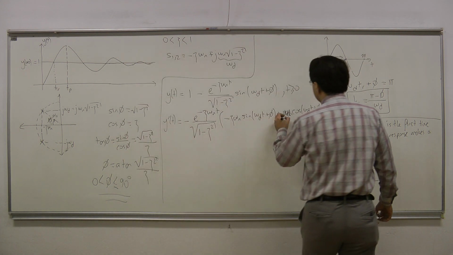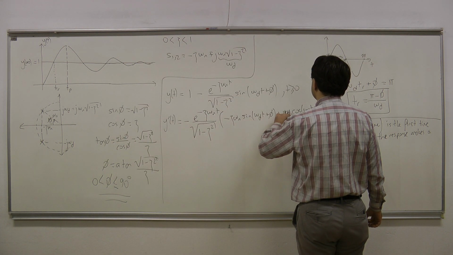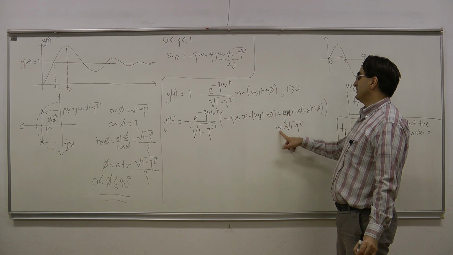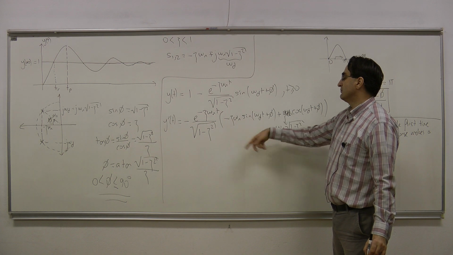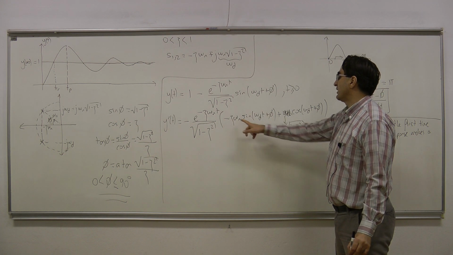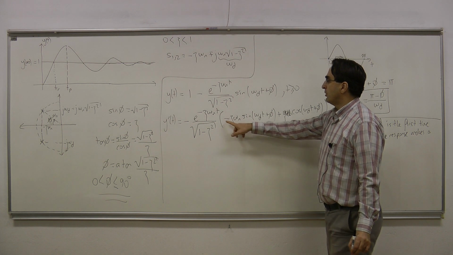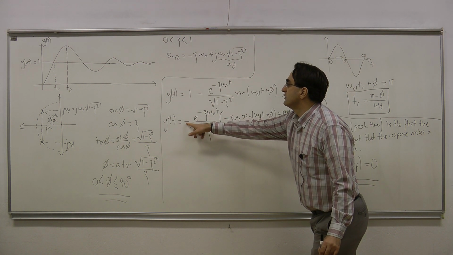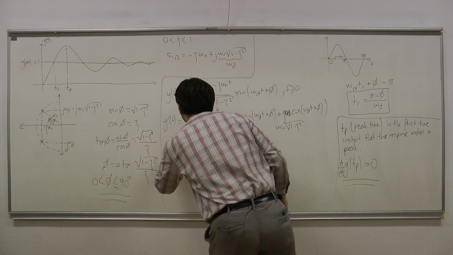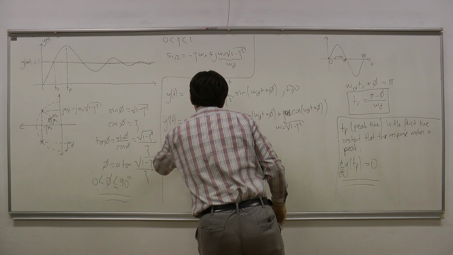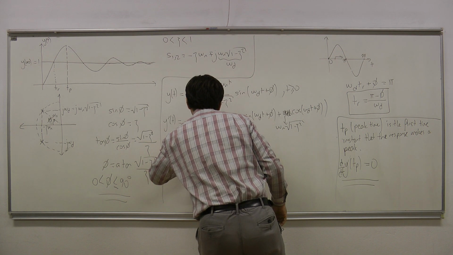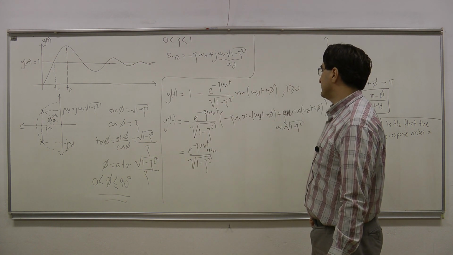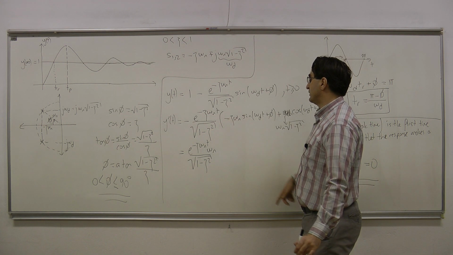So what was omega d? Omega d is omega n times square root 1 minus psi square. So there is an omega n here, and there is an omega n here. I'm going to be taking these omega n's out, and I will also take a minus 1 parenthesis here to cancel this minus sign. Okay, so it's going to be e to the minus psi omega nt divided by 1 minus psi square, and I will take also omega n in parentheses, and I will take minus 1 in parentheses.